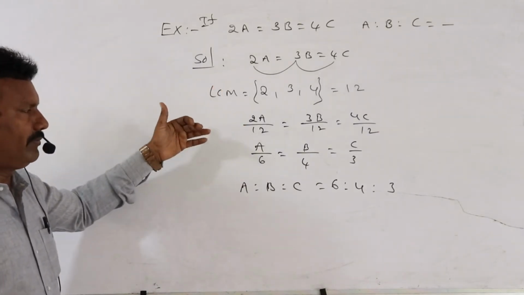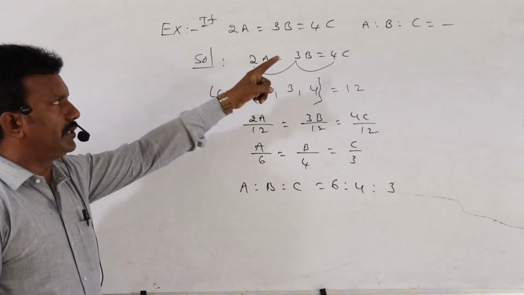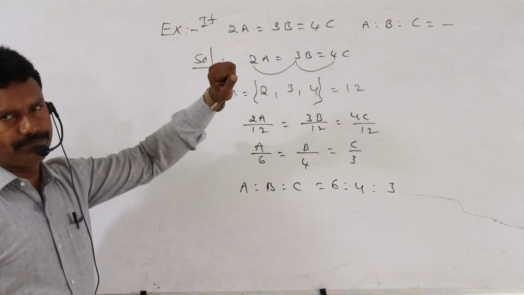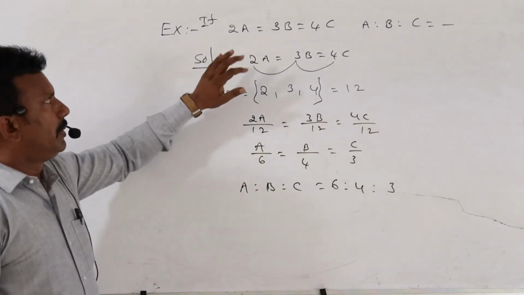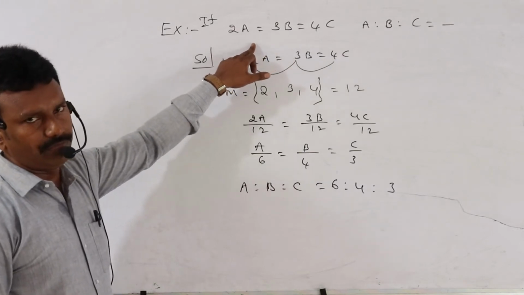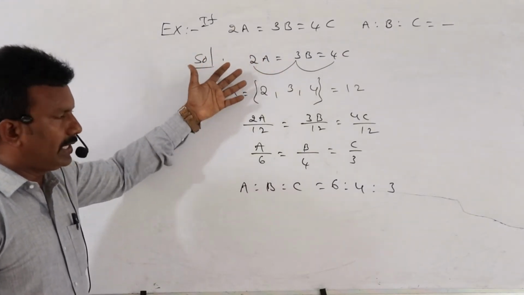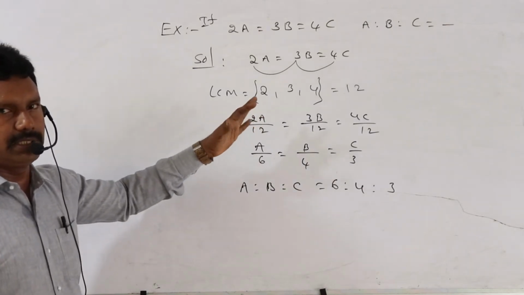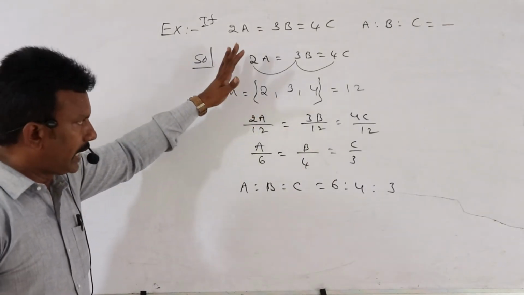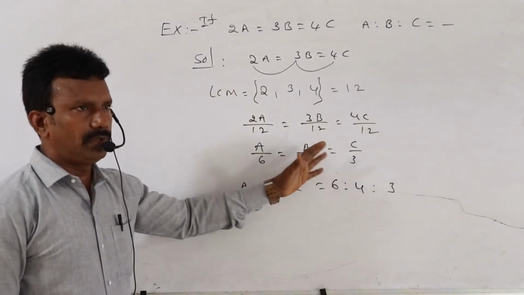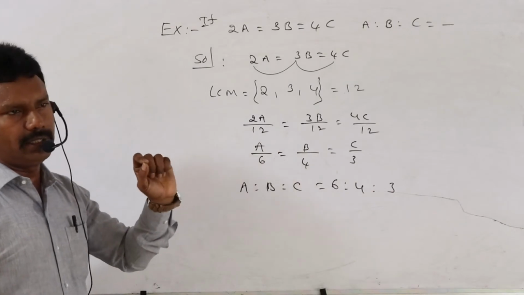Or we can follow another method for finding the ratio a is to b is to c in case of 2a equal to 3b equal to 4c. This is the alternate method, without writing the LCM and writing a by 6, b by 4; without these steps, we directly write the answer.